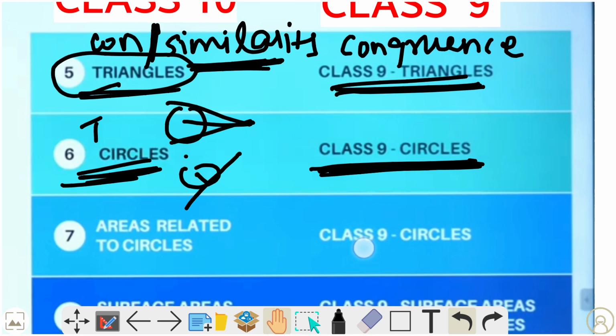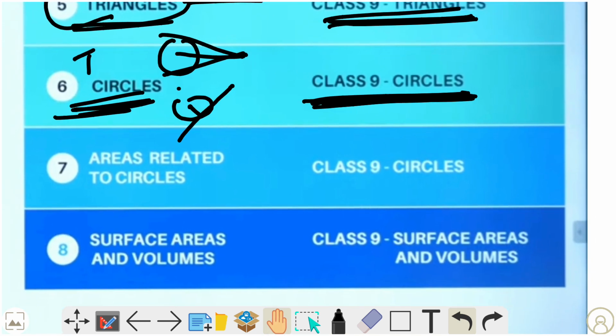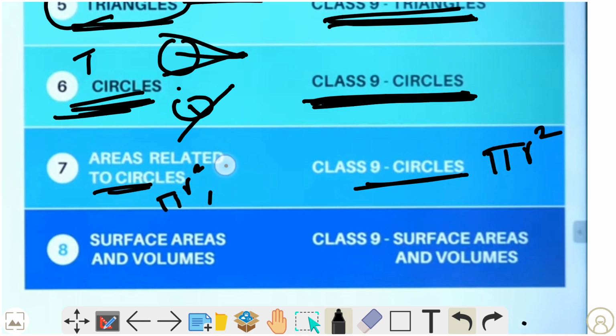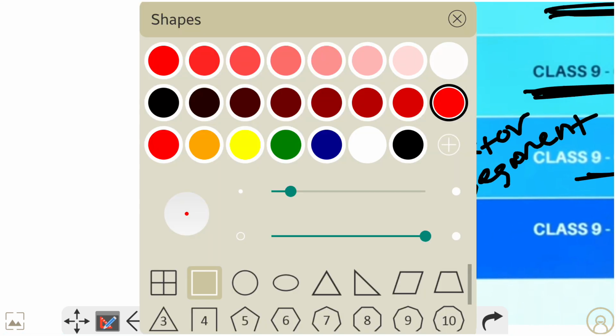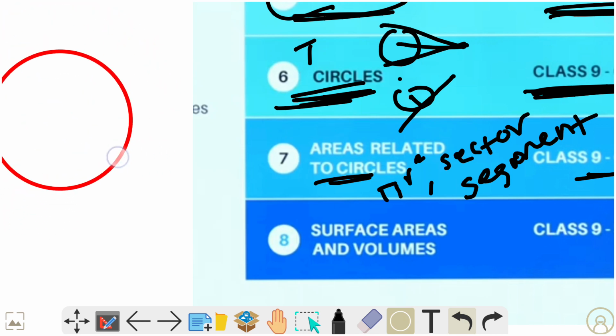Okay, next, areas related to circles. Here in class 9 you have only pi r square, and here you have pi r square and also sector and segment. So sector is, consider this is a circle.